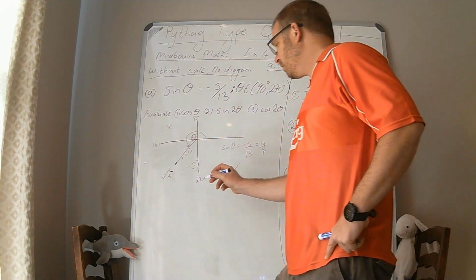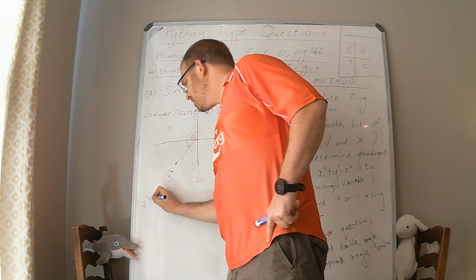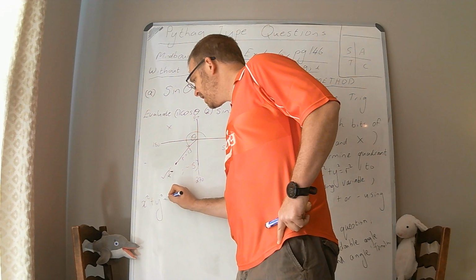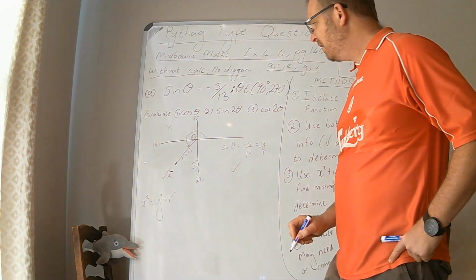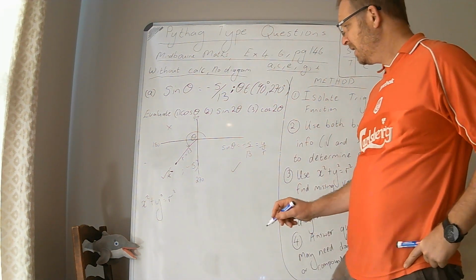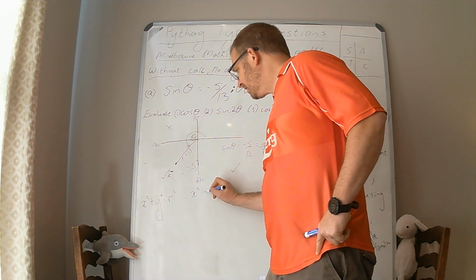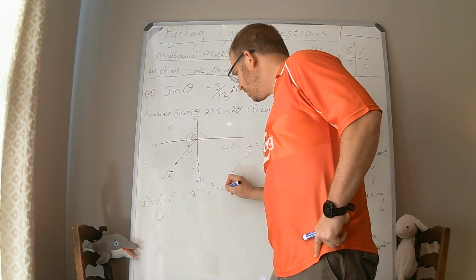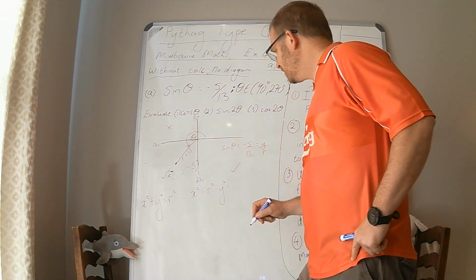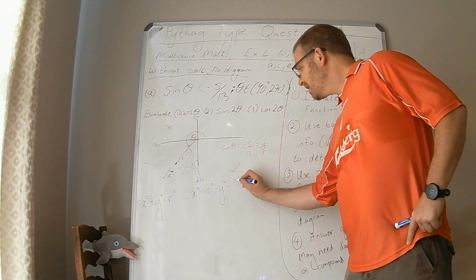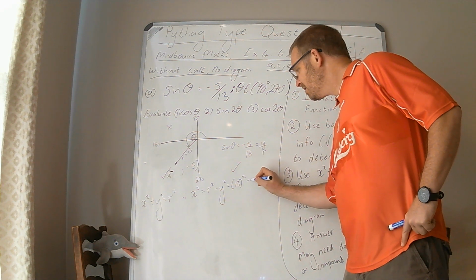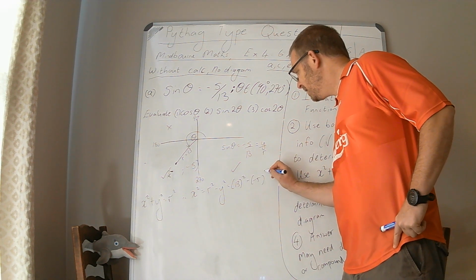So, we start off and we can say x squared plus y squared is equal to r squared. Right, go find x, and we're going to have, therefore, x squared is equal to r squared minus y squared, which in this case will be 13 squared minus 5 squared.